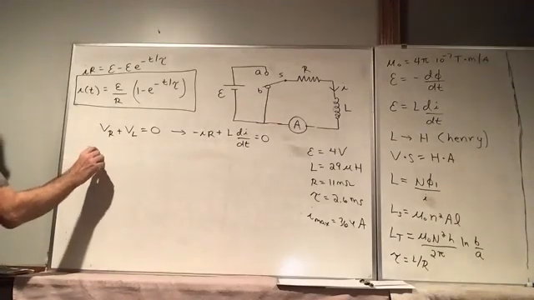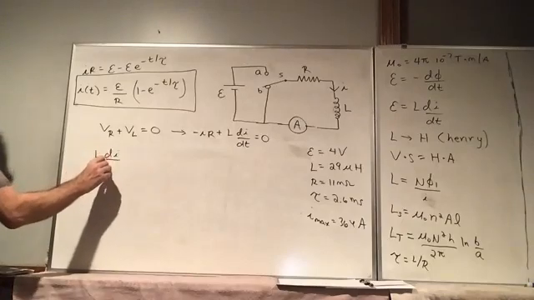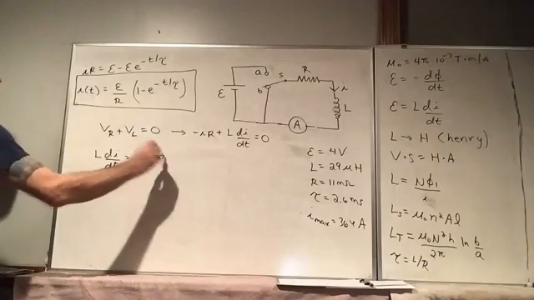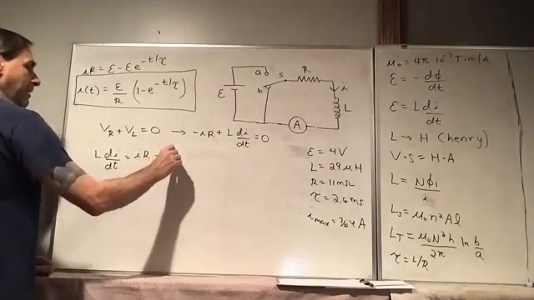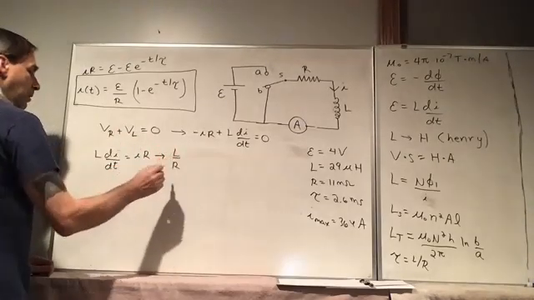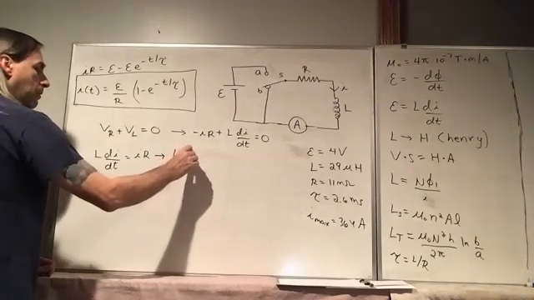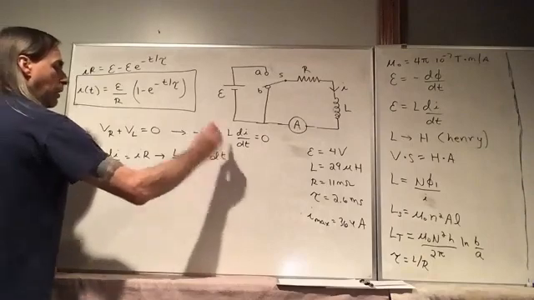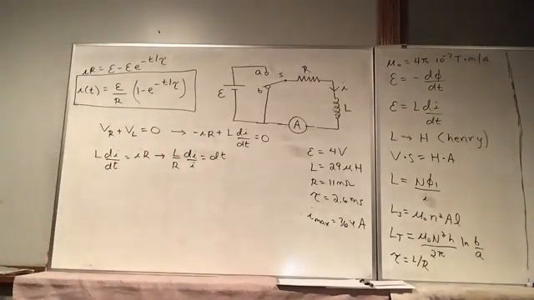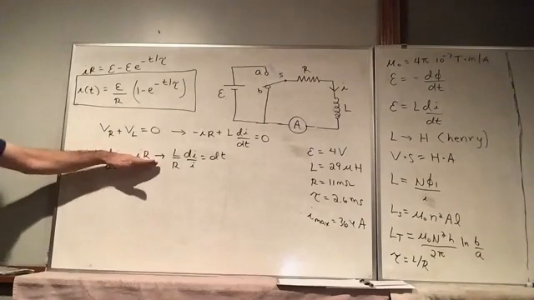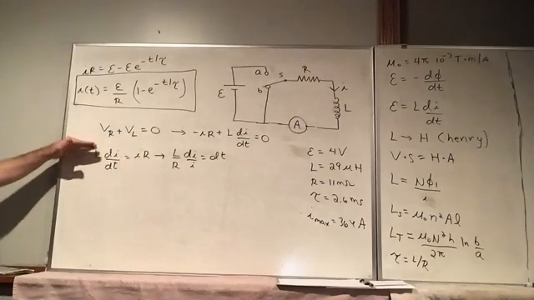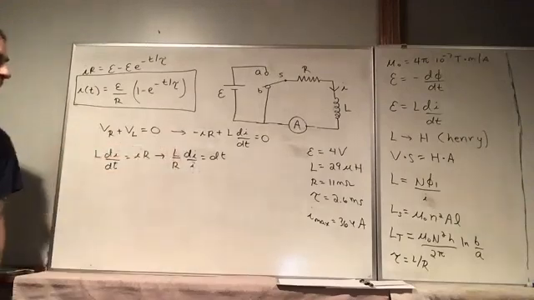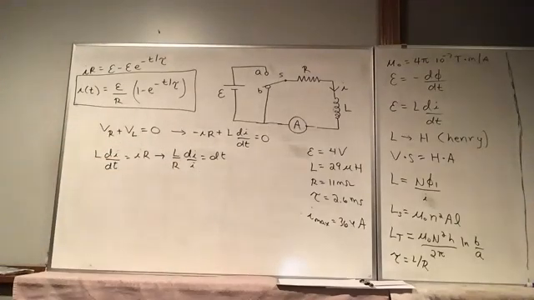We have L di/dt equals IR. We can rewrite that as L over R di over I equals dt. Let me just check that. Basically, if we divide by IR, we have L di over IR, and then we move the dt to the other side.